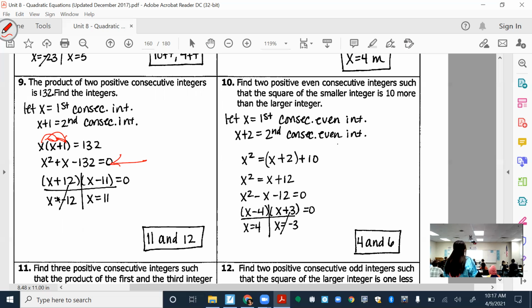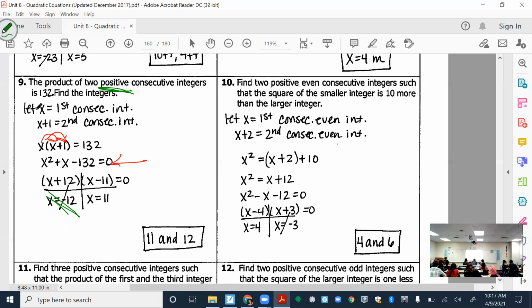Again, we get here and we get a negative answer and a positive answer. Why did we cross out the negative answer? Because in the problem it says the consecutive integers are positive. If it says the consecutive integers are negative, then we would have used the negative value. But it says positive, so we use the positive value.